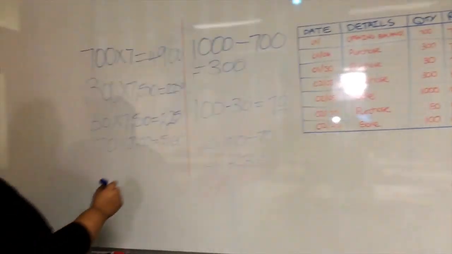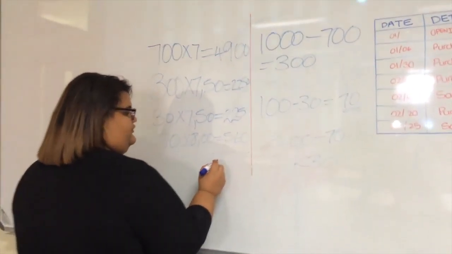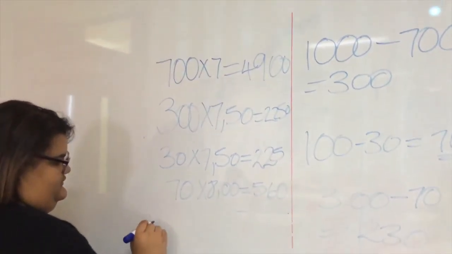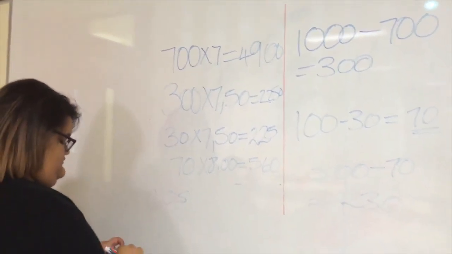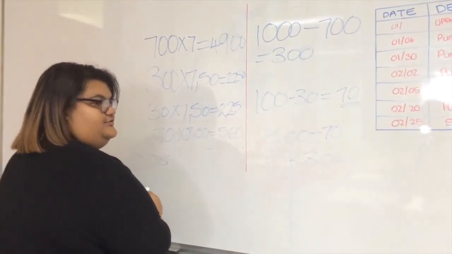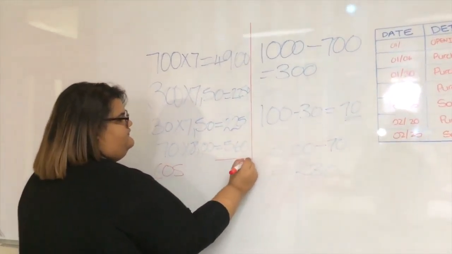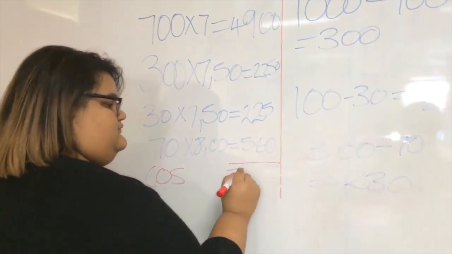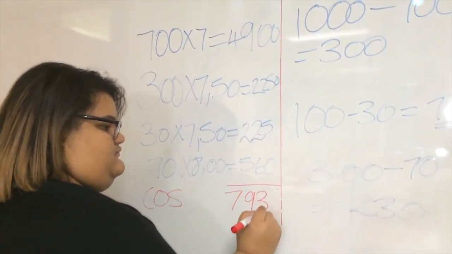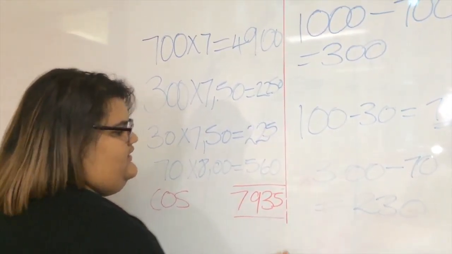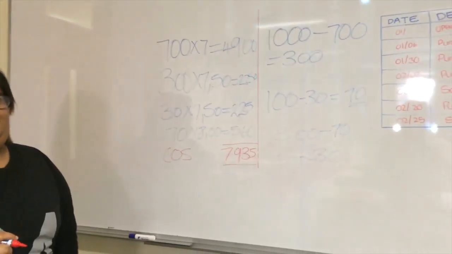Yeah. Then you tally it all up, and your cost of sales amount would be all of these amounts added together, which would give you 7,935. And that is how you do the FIFO method.